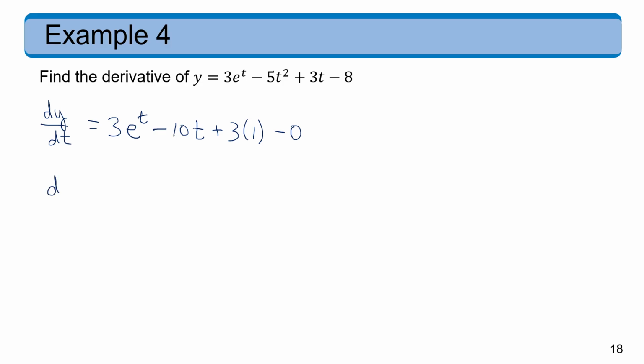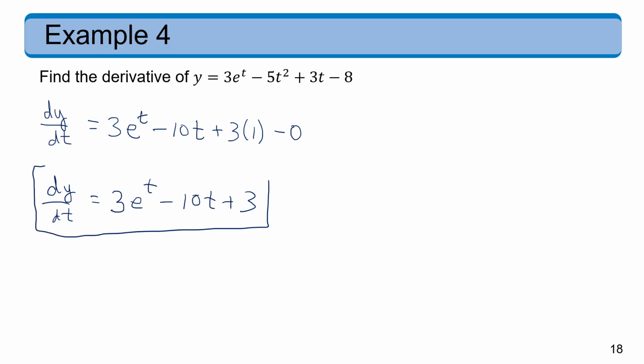And so let's just simplify and get our final answer here: 3e to the t minus 10t plus 3. So you can see how simple it was to compute this derivative using these laws that we've learned, these shortcuts. Imagine trying to apply the limit definition to this complicated function. To find the derivative using that limit definition would be incredibly difficult, and you can see how easy it was to apply the shortcut.